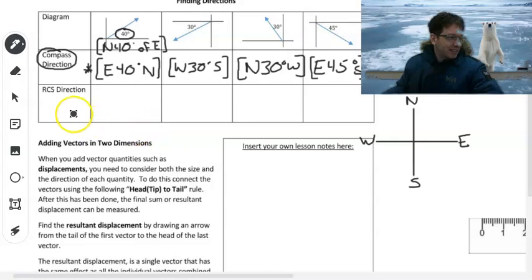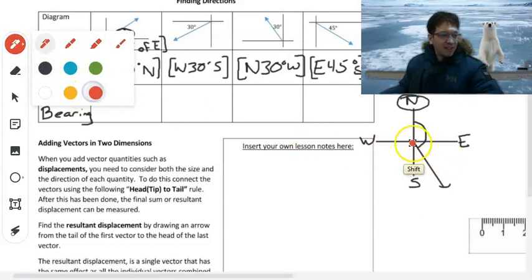Now, another type of direction, I'm going to talk about bearings. So bearing looks at true north. Basically, any direction you have, you're going to say the angle from north heading clockwise. For example, if I were to give you a vector like this, you would simply say what this angle is.